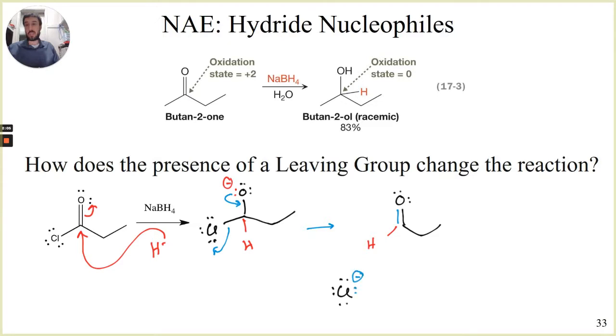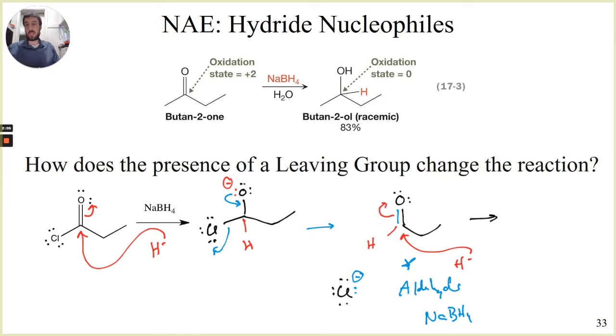This is where people, or books I've seen in the past, will push this as now a new reaction and now new things happen. Well, nothing really new has happened. The hydride came in and attacked. Why is this functional group potentially different? Well, if we evaluate this, this is an aldehyde, and we know that the aldehyde in the presence of sodium borohydride reacts. So we end up getting a second hydride nucleophilic addition.